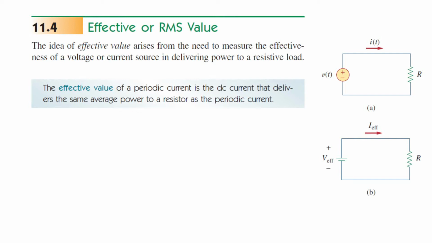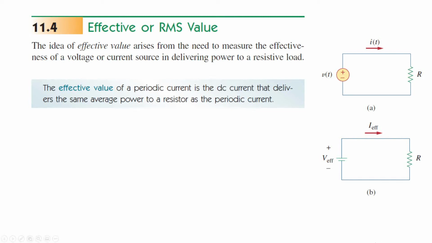So the effective value for a periodic current is the value that is equal to the DC current that delivers the same average power to a resistor as delivered by the periodic current itself.